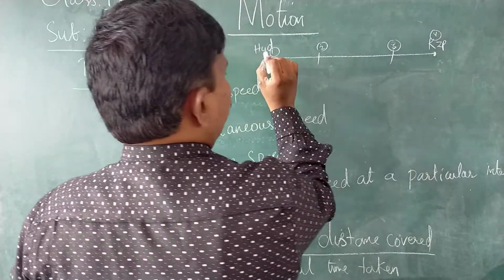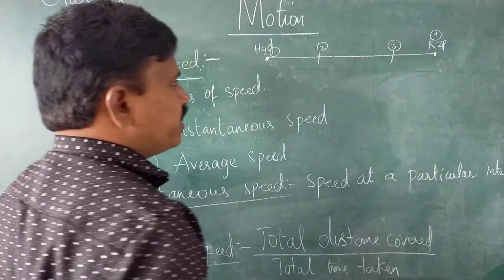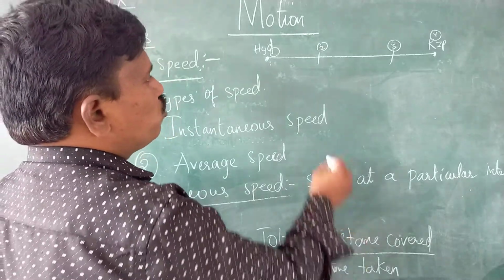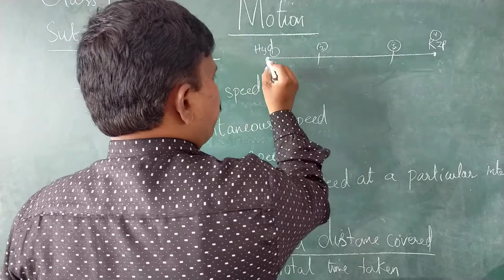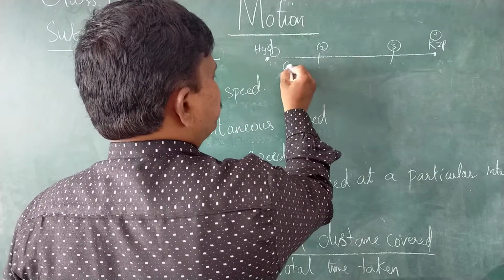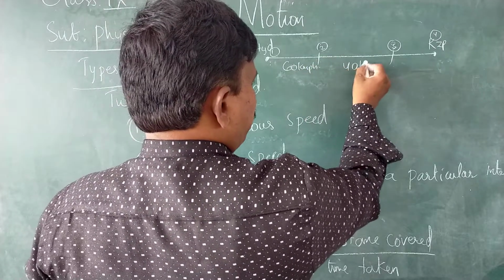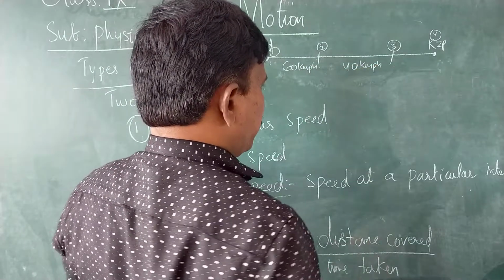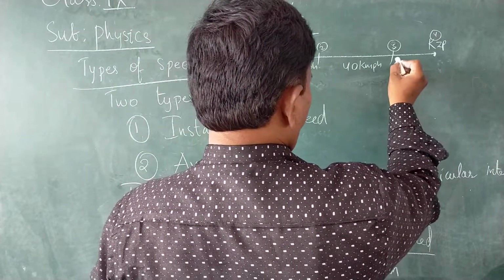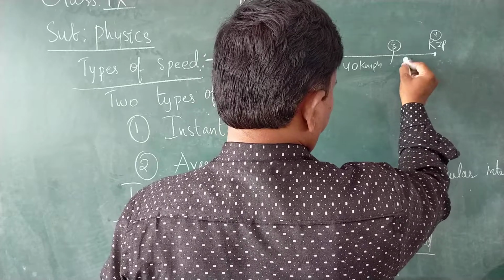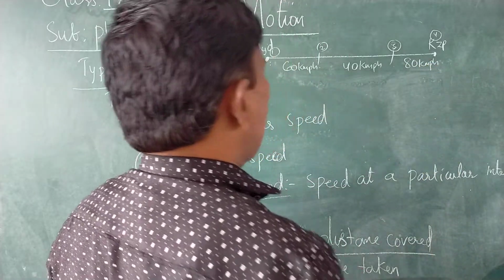He is coming from point 1 to 4, and during his journey he stops at two places, at point 2 as well as at point 3. From 1 to 2 he maintains a speed of 60 km per hour, from 2 to 3 a speed of 40 km per hour, and from 3 to 4 a speed of 80 km per hour. Therefore, what is the average speed?